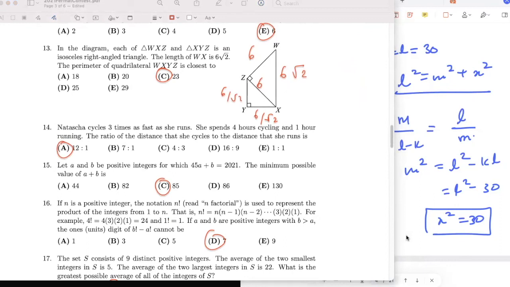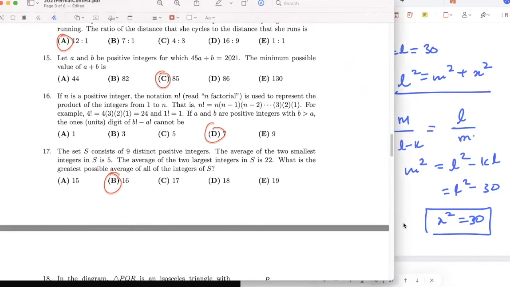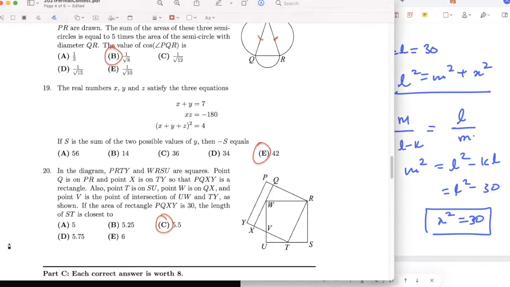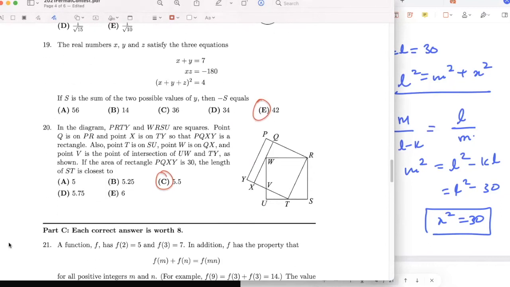CEMC, DB, CDB 18, BEC. Okay, great. We got all correct.